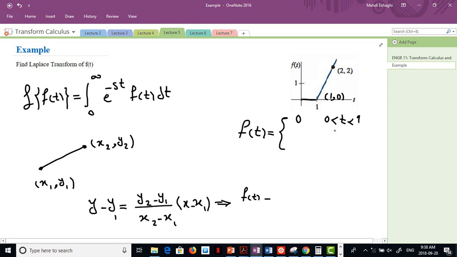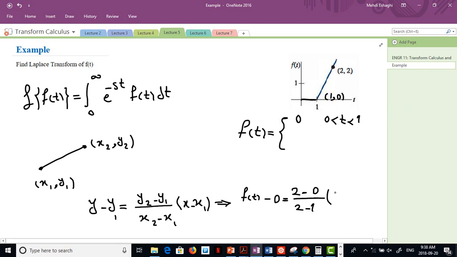As a result, for our case, y, which is f(t), minus y1. y1 here, you can see it's equal to 0. It's equal to y2 is 2 minus y1 is 0, divided by x2 is 2 minus x1 is 1, times, so here variable is not x, it's t.